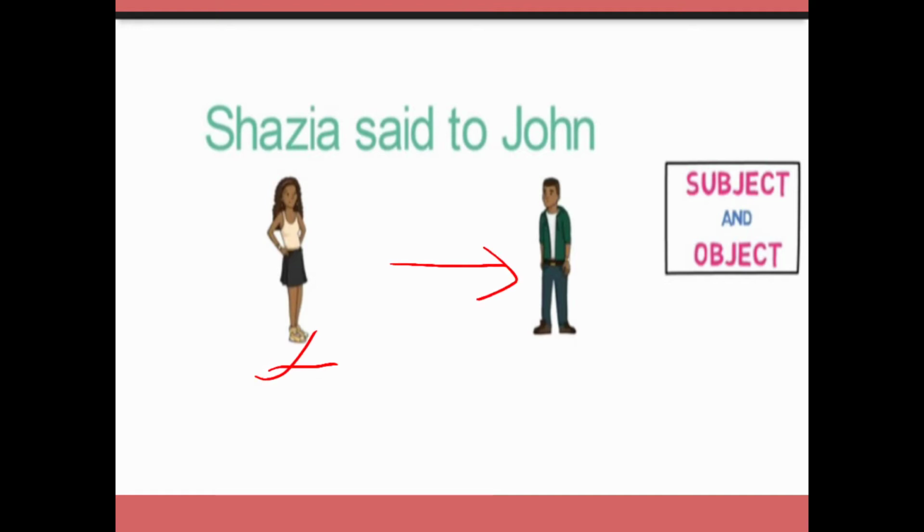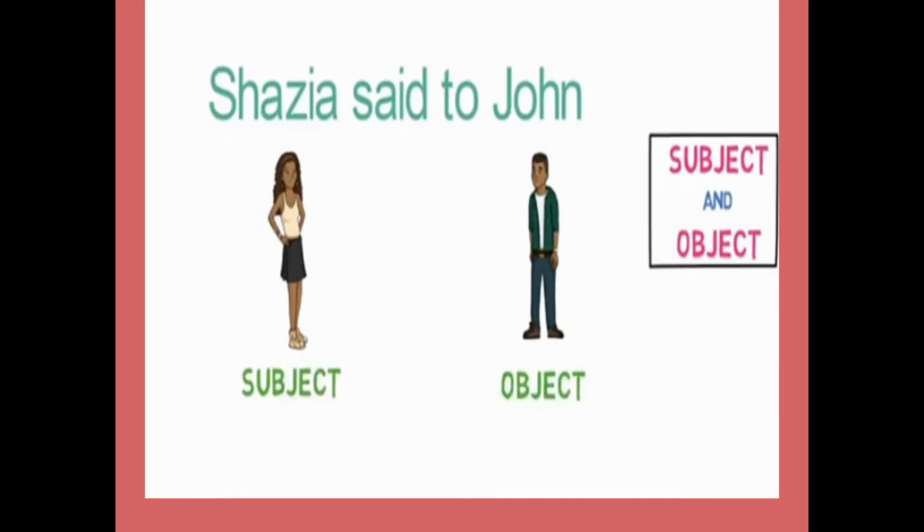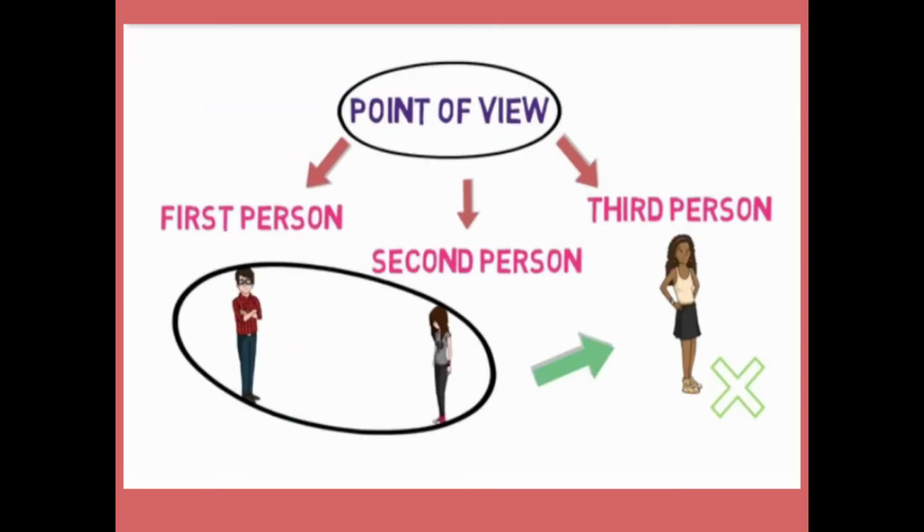So she is the doer, she is speaking, and she is the main doer in the sentence, and John is receiving whatever Sazia is speaking. So this is the subject, and he is receiving, he is the object. So the subject is Sazia and the object is John.